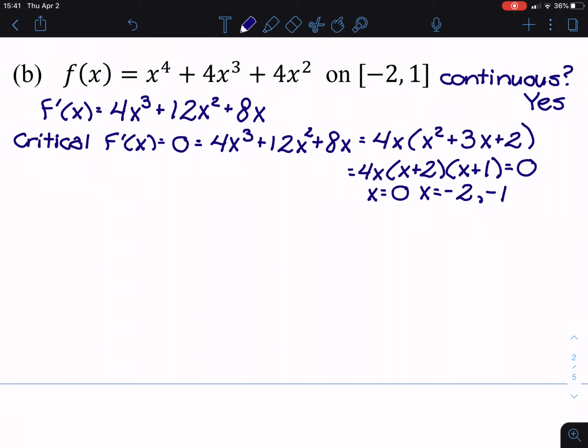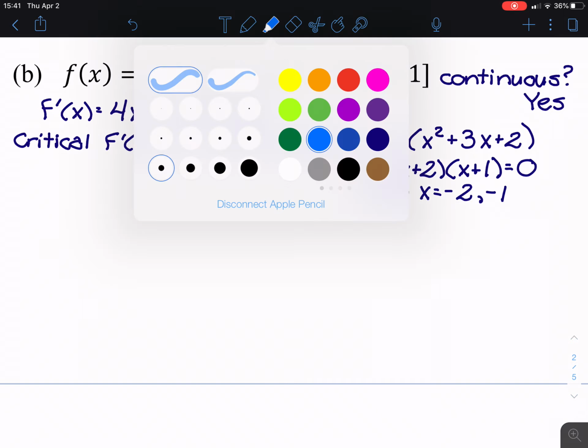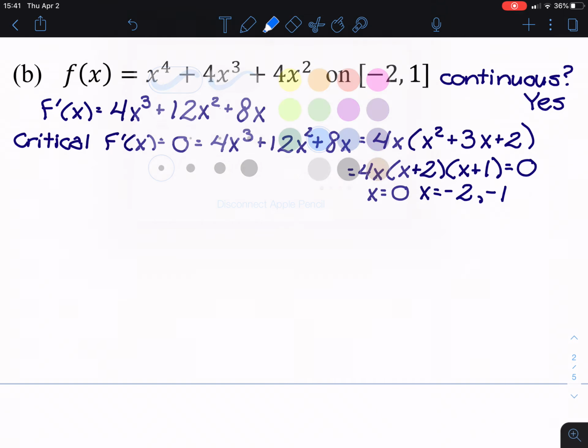Now then, notice that I have only two critical values here. So let's see here. x equals 0 and x equals -1 are my critical values.